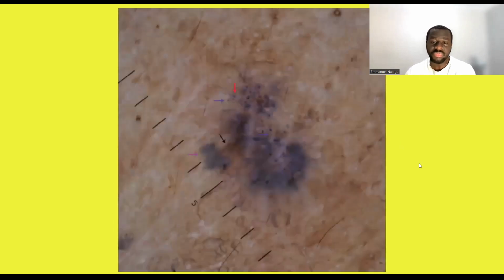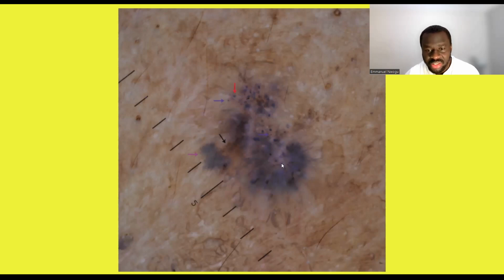Okay. This photo clearly illustrates a blue veil, and you can see some whitening as well, some whitish streaks within this lesion. That tells you there's likely an ongoing destructive process and fibrosis within this lesion. You can see the maple leaf areas. You can see it's like a maple leaf.